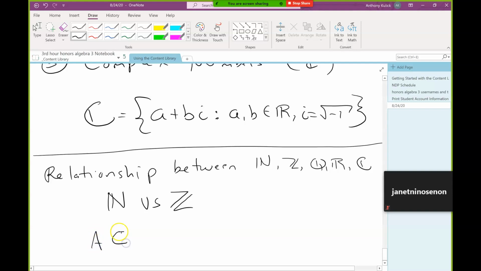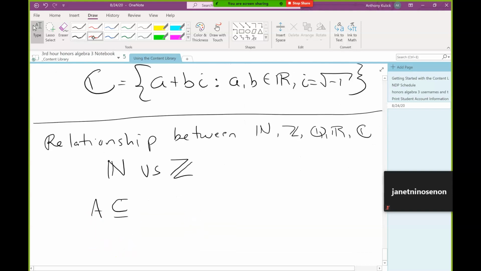So we say A is a subset of B. And this subset symbol is like your inequality symbol, but it's rounded instead of pointed at the end.